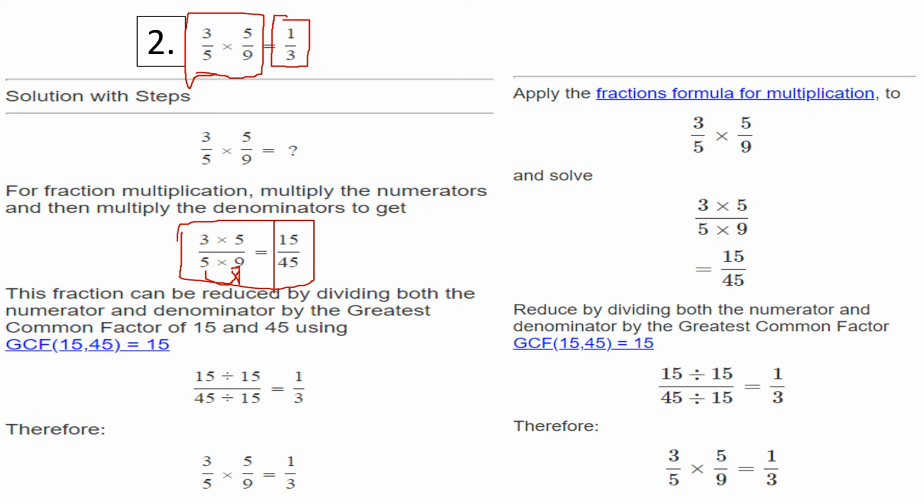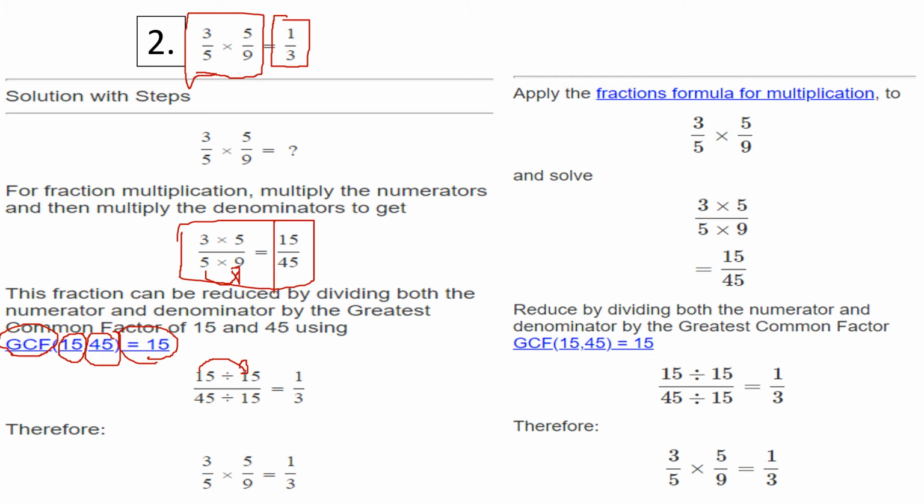But since the numbers 15 and 45 have a greatest common factor, and their greatest common factor is 15, therefore we're going to divide by 15.